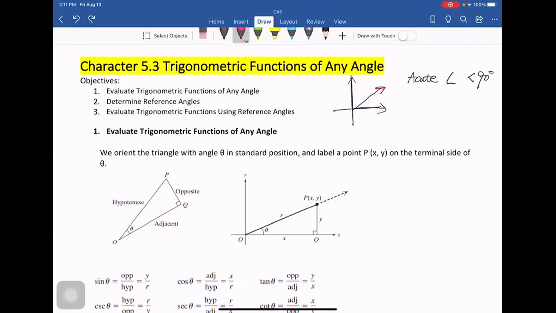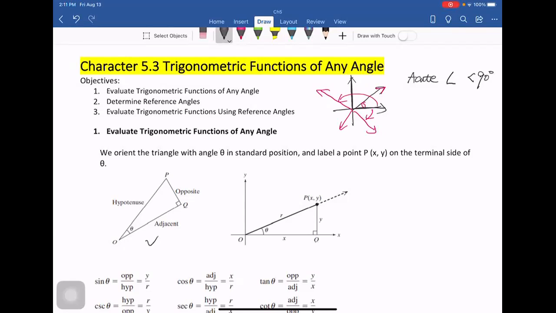If I have an acute angle, I can find the 6 trig functions. In this lesson, the angle might be here, here, or here, maybe negative, maybe positive. So we're going to learn the trig functions for any angle. We orient the triangle with the angle theta.